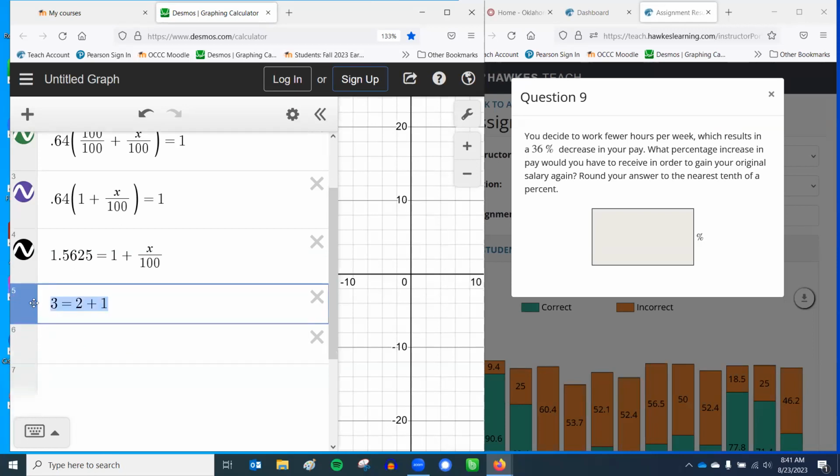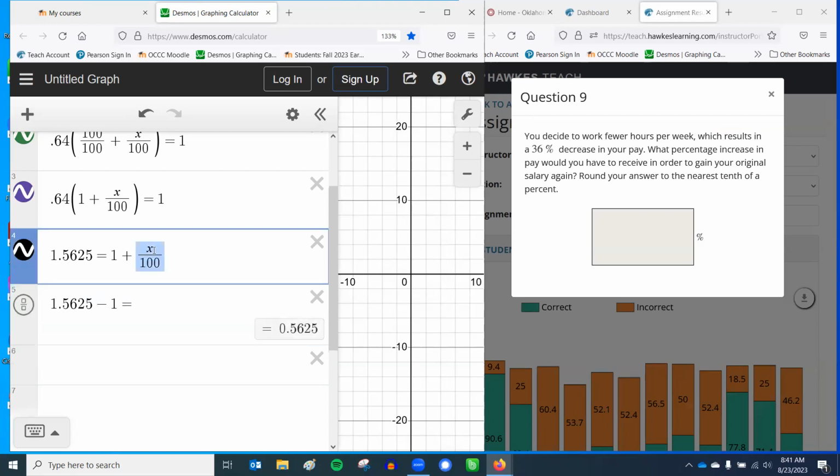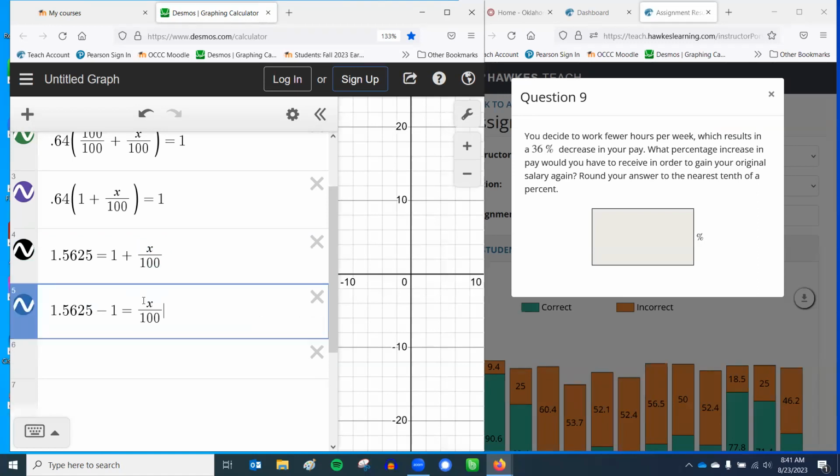So here we have this equals 1 plus that. So this minus 1 equals that, right? But what is this minus 1?